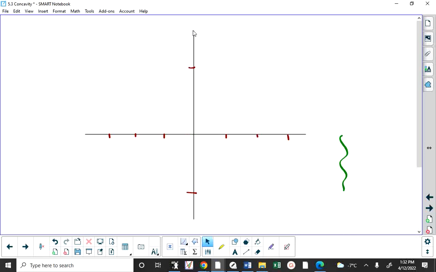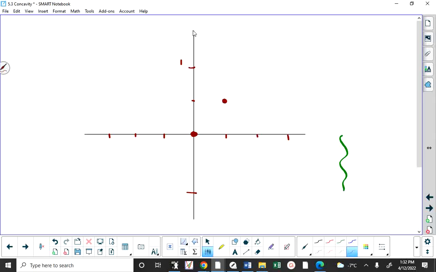So let's put in the points first. We know that the graph goes through the origin, right? We know that the graph has a maximum at 1. I'm going by memory here, so I need your help. It has a maximum at 1, 1/2. So I can put that in. Here's 1/2.